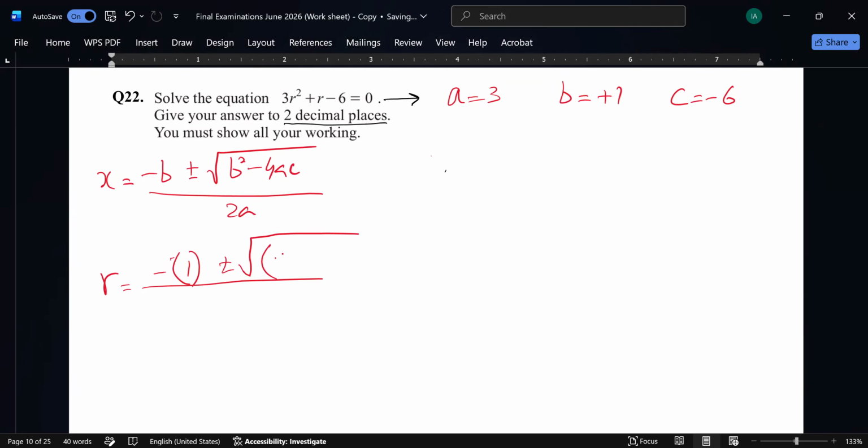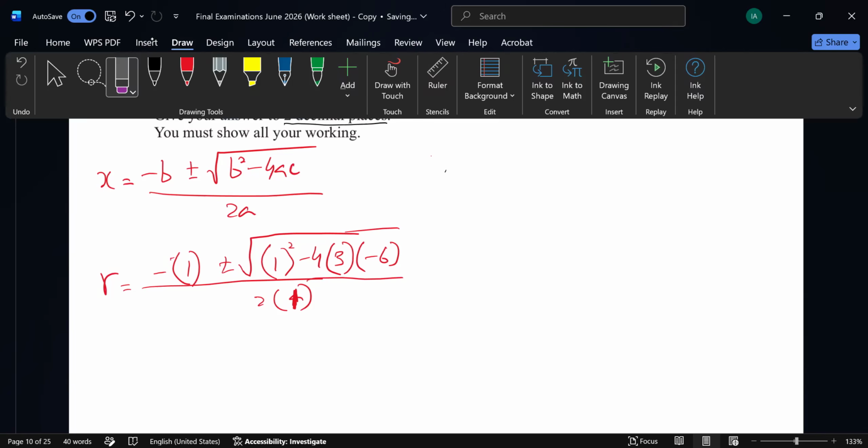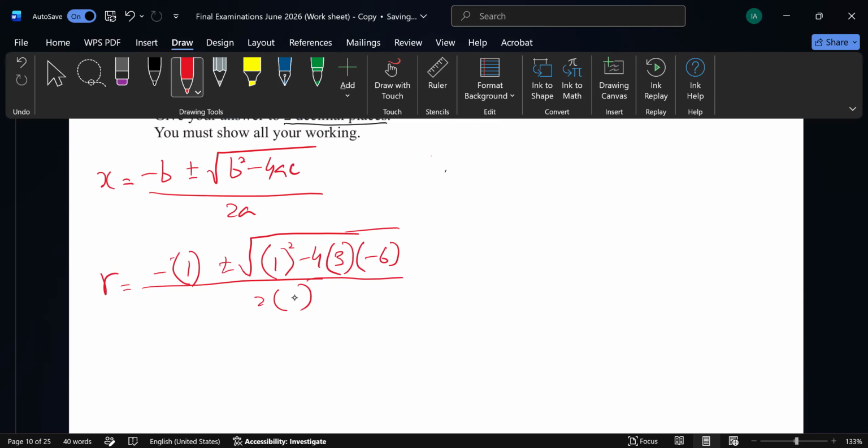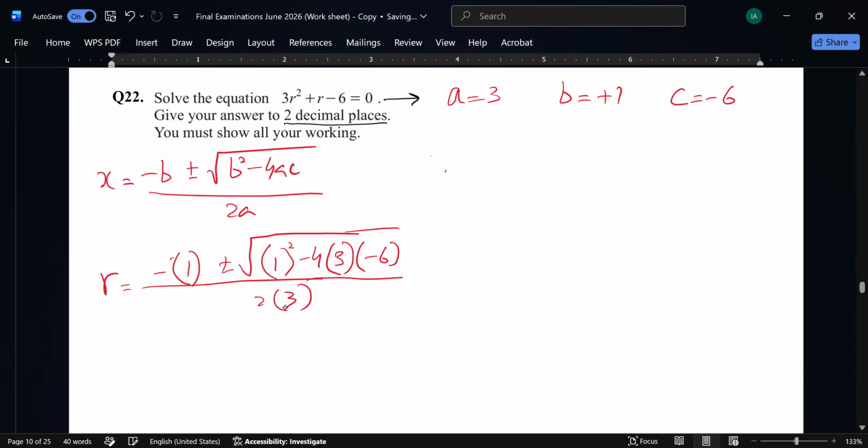Your b is +1. Your a is 3. c is -6. Oh, sorry. The value of a is 3, not 1. That is going to be 3. Yes, so let's calculate.